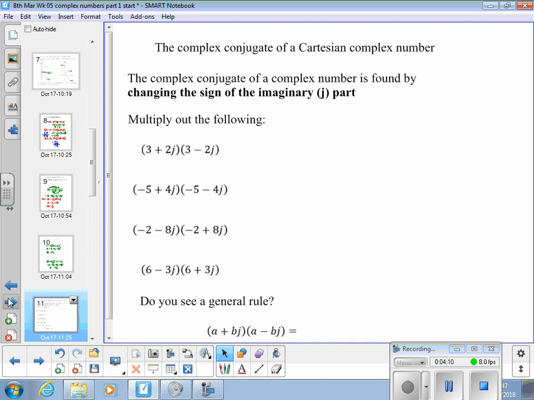The complex conjugate is found by simply changing the sign of the imaginary j part. If you've got a plus j part, you leave all the numbers the same, but you make it a minus j part. So the complex conjugate of 3 plus 2j is 3 minus 2j. The conjugate of minus 5 plus 4j is minus 5 minus 4j. Use the skills you've just been using to multiply all those together and see what you get.